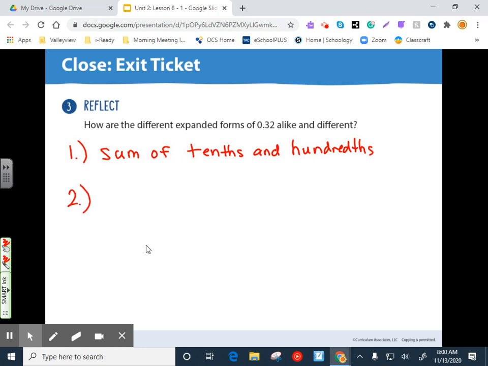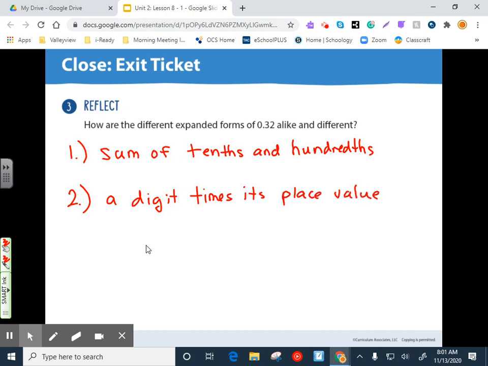And they both share the fact that they're both a digit times its place value. Okay, and that kind of sums that up right there.